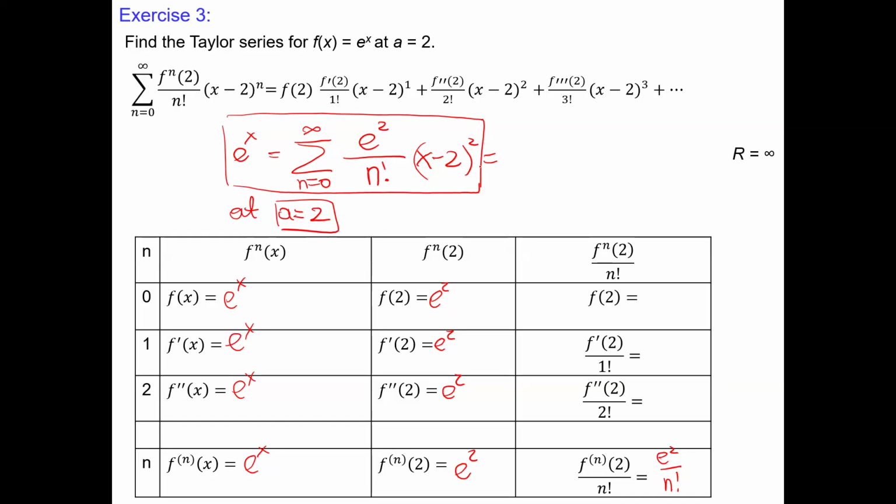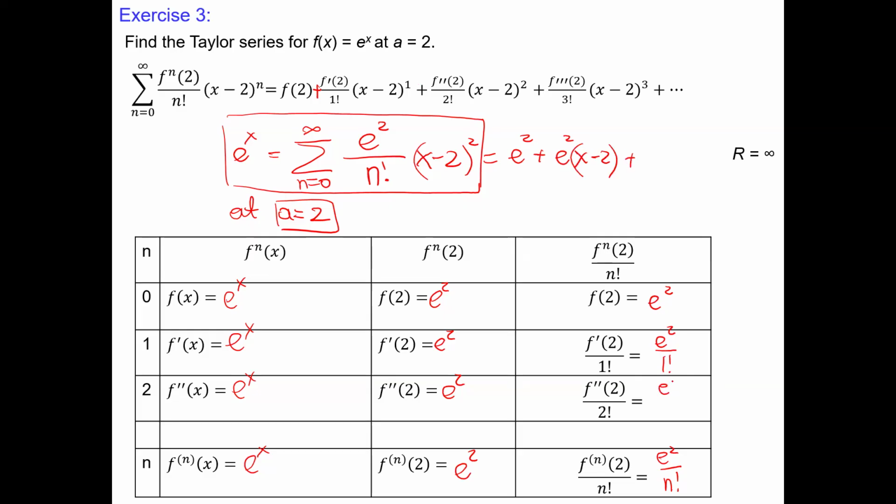Okay, let's maybe expand. The value of the function, of course, is e. Yes, that's the value of the function. This is supposed to be plus. And then plus the value of the first derivative over 1 factorial, which is still times x minus 2 to the power of 1.